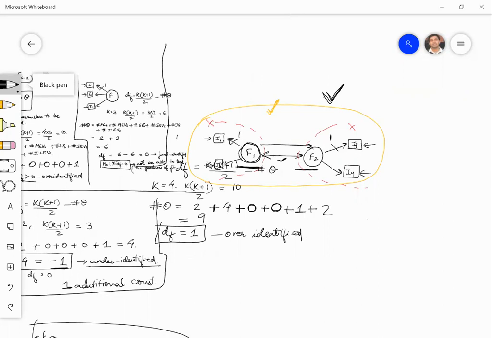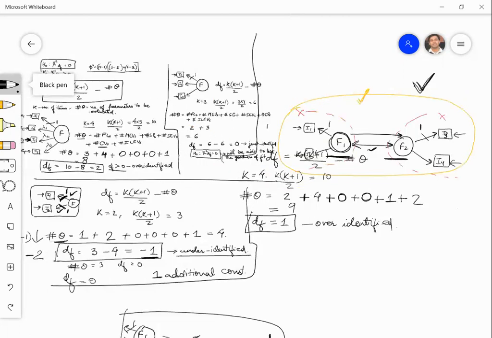Sir, suppose we have taken a construct with more than 3 items for over identification, and later, while checking the reliability, we have to drop an item or two. Will it have an effect on the identification? Your identification will change. The moment you drop the item, it will become just identified with 3 items.